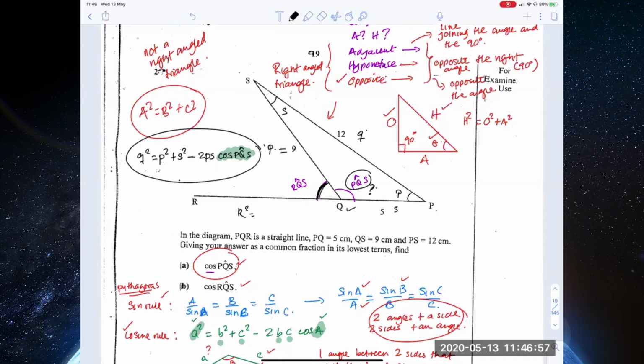Q squared plus S squared. Where did you get 2 squared from? X squared plus Q squared. You said S squared plus Q squared. Which Q? This Q? This one?